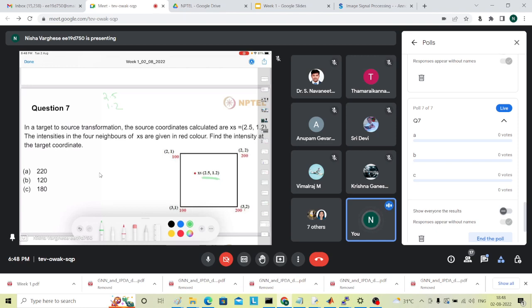Then the intensities in the four neighbors are given in red color. This neighbor has 100 value, this neighbor has 200, here 200, here 100. Then find the intensity at the target coordinate. If you want to do it by yourself, just take a pen and paper and do it.